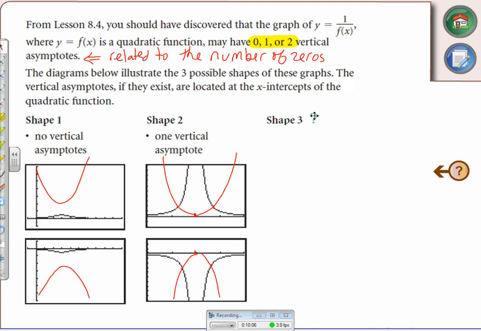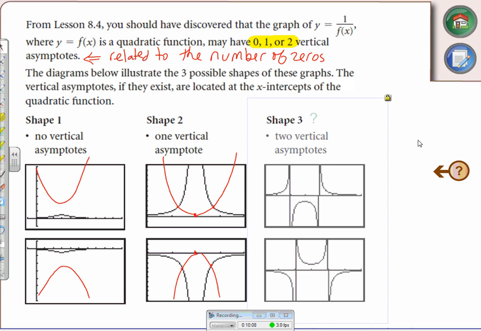And then the third shape with two asymptotes. So this is where we would have a graph that was originally a parabola with two zeros, a 0 here and a 0 there. Remember that the original 0 is where you're going to have the asymptote happening.